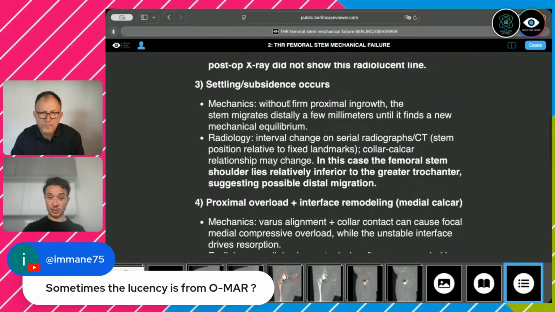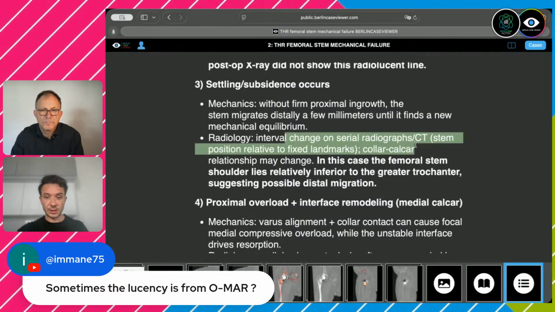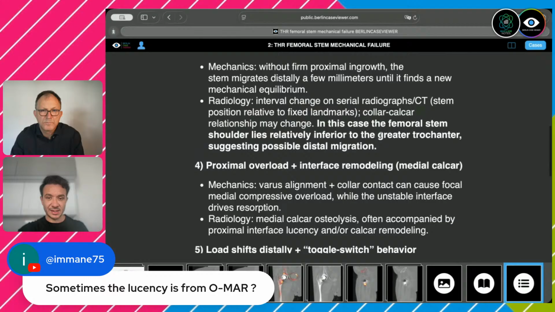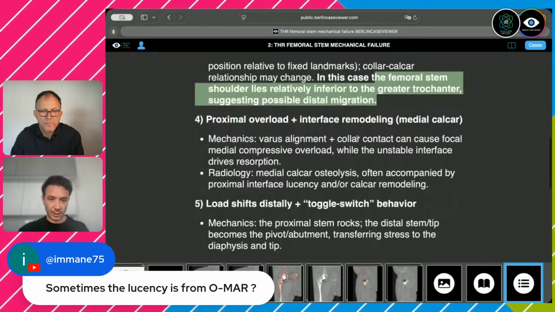Without proximal fixation around the fixation zone in the metaphyseal part, the stem migrates distally, regardless of whether it's a few millimeters or centimeters, until it finds a new mechanical equilibrium. So we see the interval change on serial CT or radiographs, collar relationship change. And as I said, in this case, the shoulder stem relatively lies inferior to the greater trochanter.